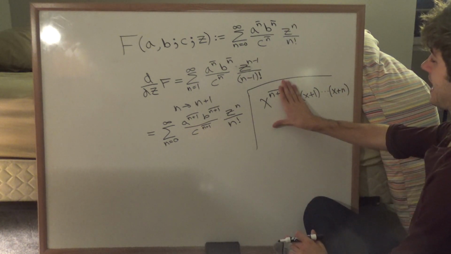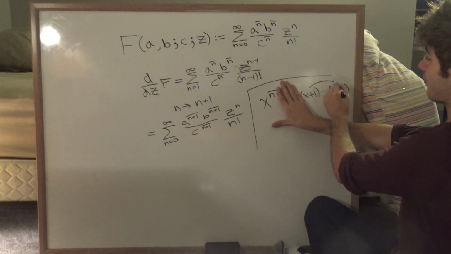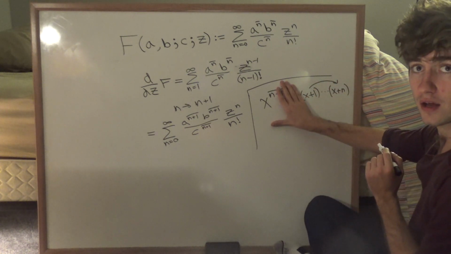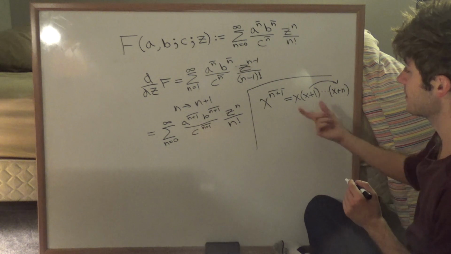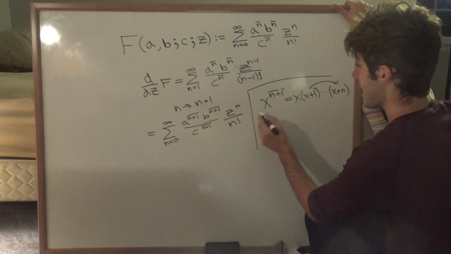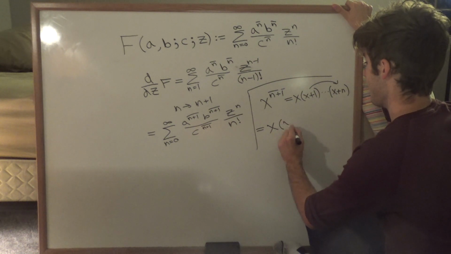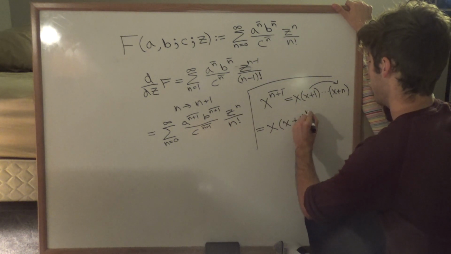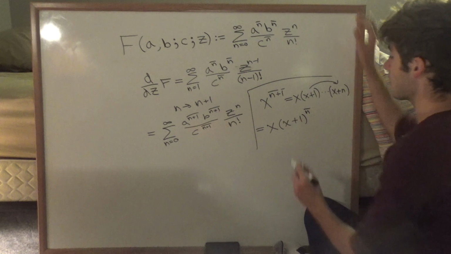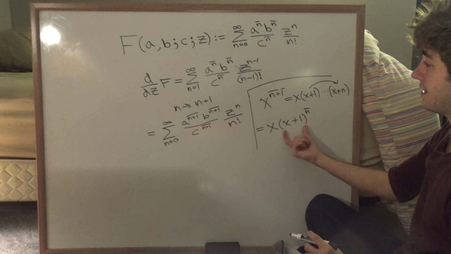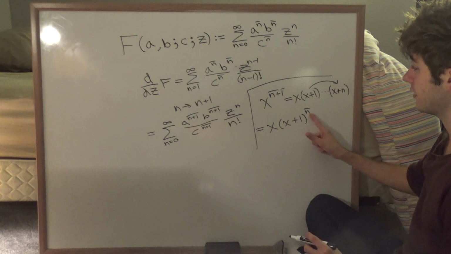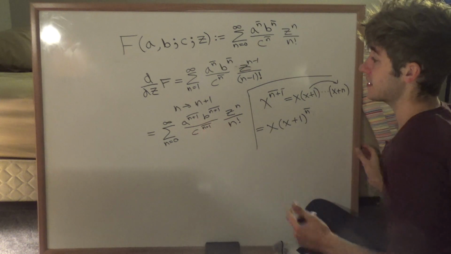But if we got rid of the first x, this would just be the nth rising factorial of x plus 1. We just start off with x plus 1 instead of x. We obviously can't get rid of it, but what we can say is that this is therefore equal to x times the nth rising factorial of x plus 1. We simply change where we're starting to count the rising factorial, and we just relocate it like that. And we can do that with a, b, and c.